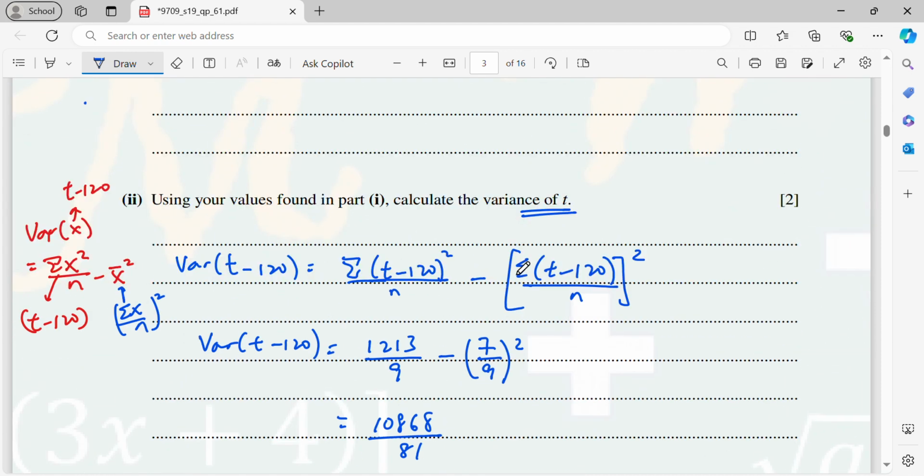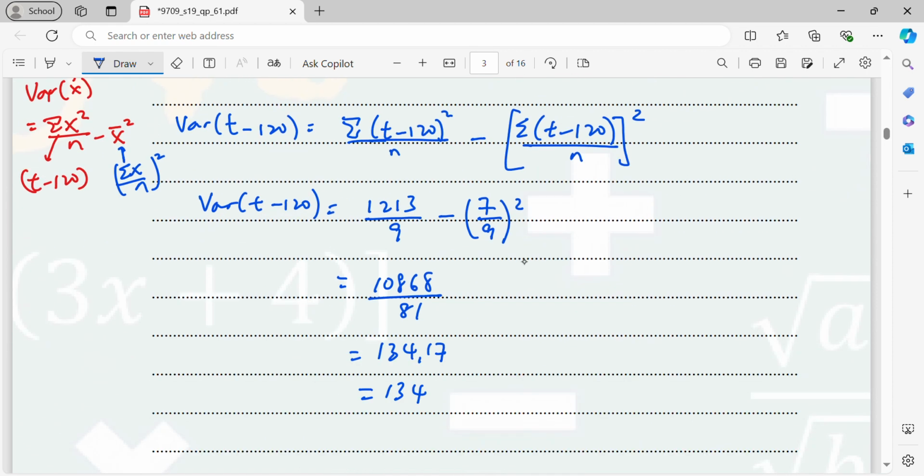Now, but then the question is asking for variance of t. So we know that according to the coding method, or probably you can just use the linear combination method, variance of t minus 120 is going to be the same as variance of t. I will write variance t, because you are asked to calculate variance t.